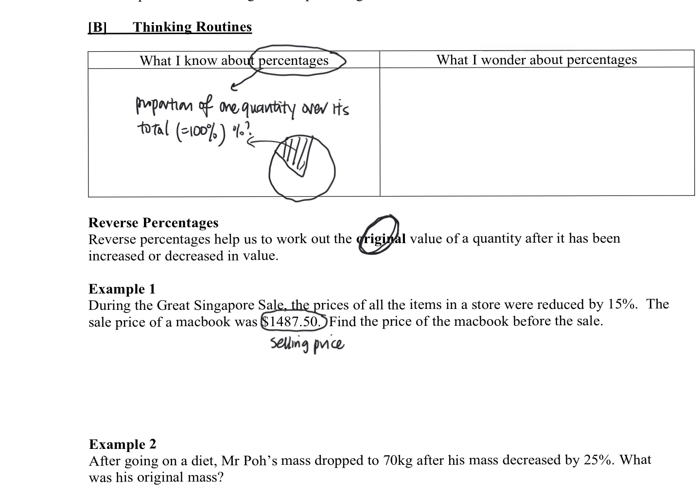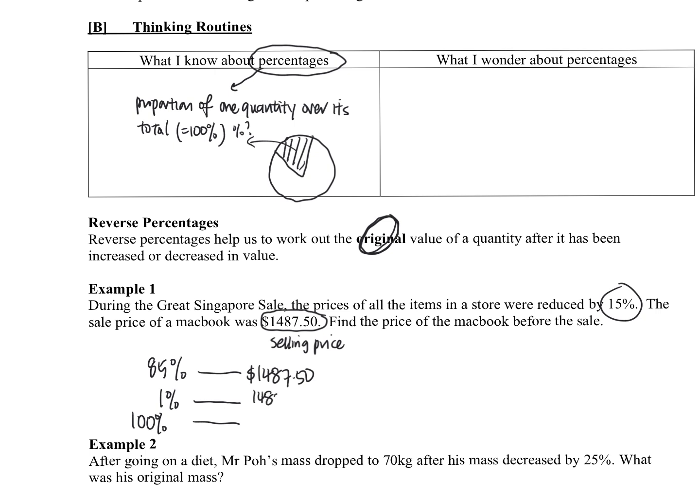So can you tell me this selling price is how many percent? 85, because there is a 15% reduction. So this represents 85%. So go and find the 1%, then go and find the 100. Why reverse? Because usually we say, can you go and find the 20% of the total? But now I'm giving you the final, find back its original. So that's reverse.